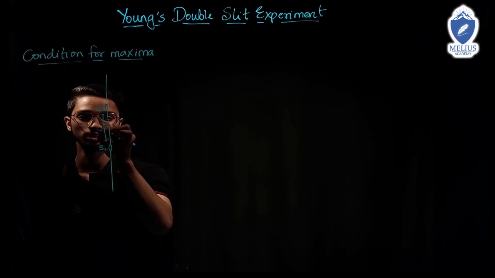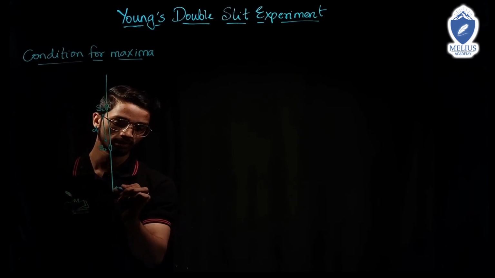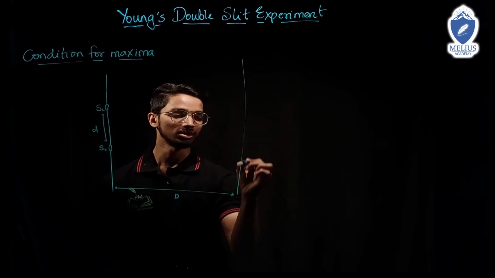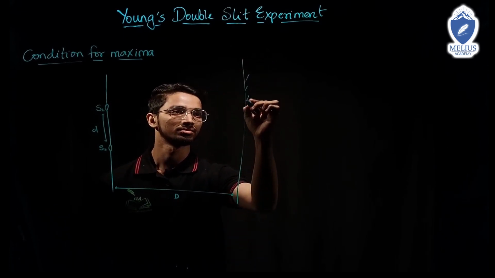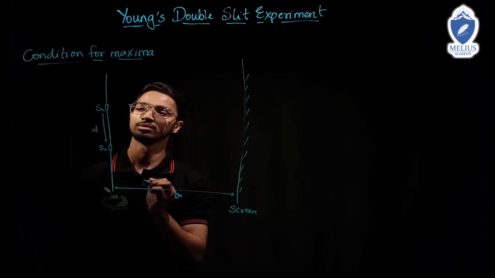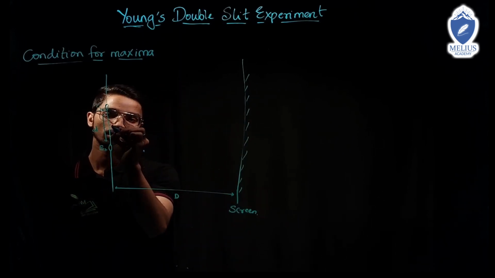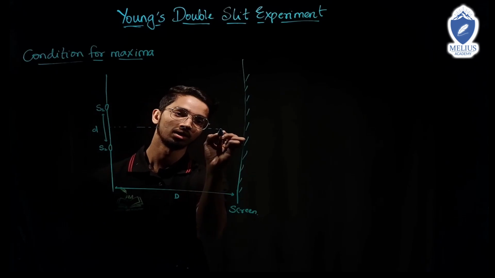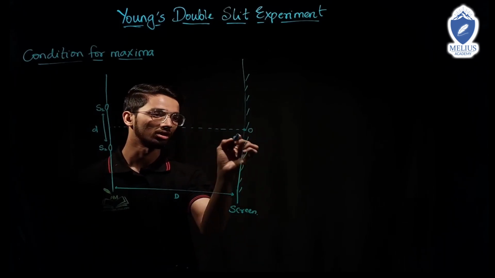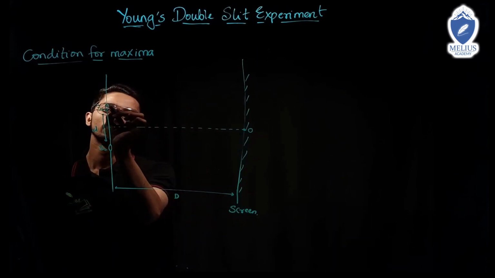The distance between the two slits is d, and from here capital D distance away there is a screen placed. This is our screen. It is the center of the slits. Let us give the name O.